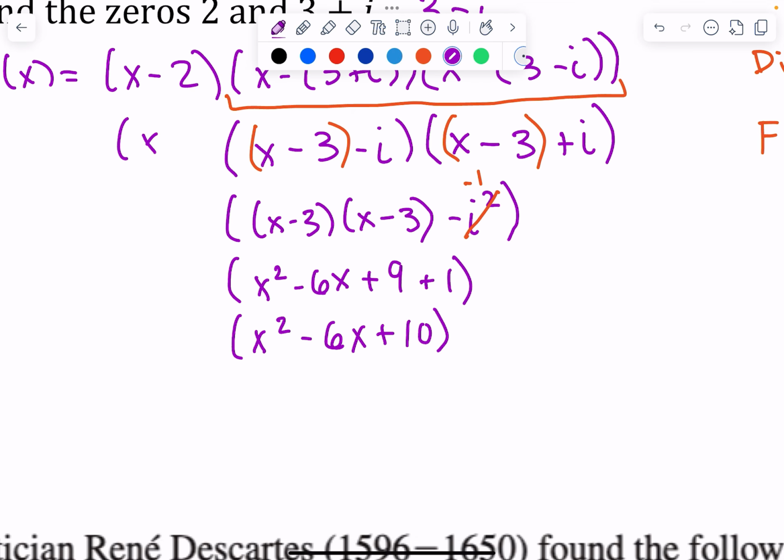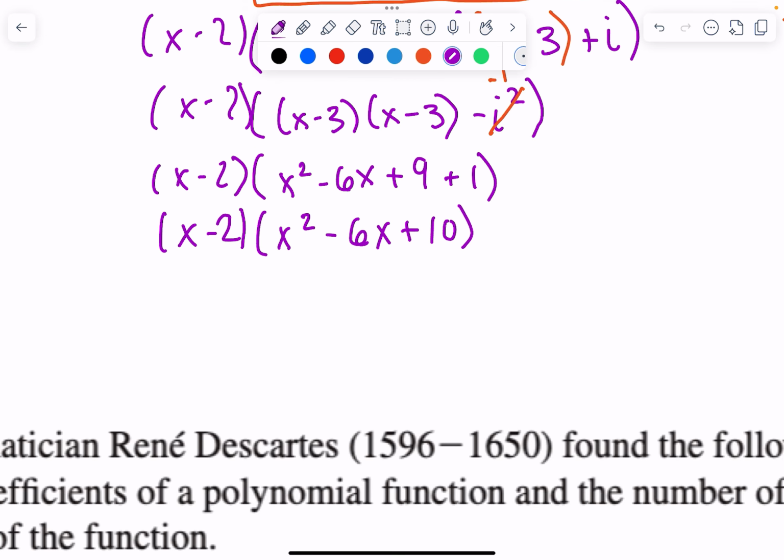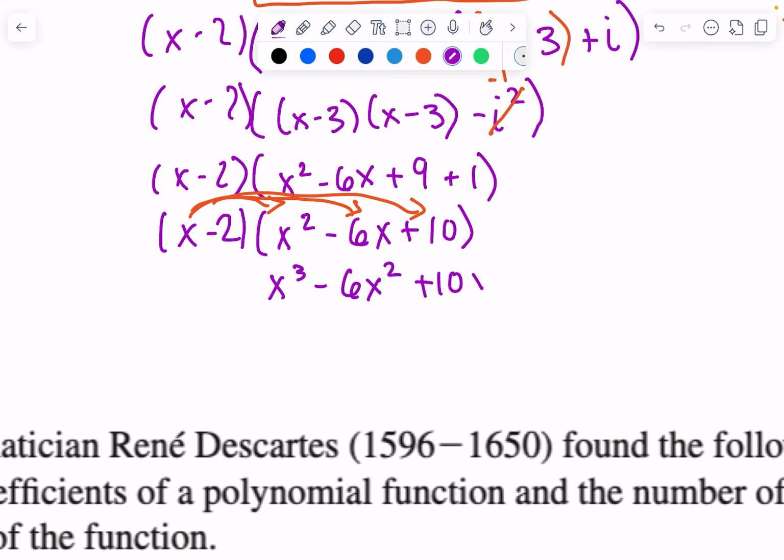Okay, now let's not forget we had x minus 2 here. So the last step will be to multiply x minus 2 times x squared minus 6x plus 10. So I'm just going to distribute this. It's not FOILing, I'm just distributing it. So if I distribute x squared in, I get x cubed minus 6x squared plus 10x.